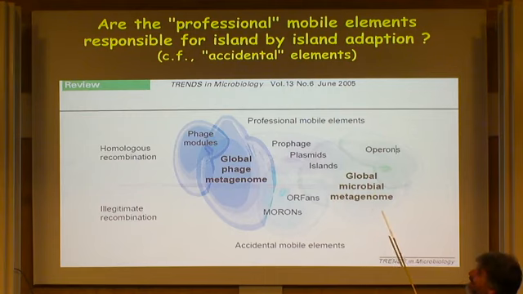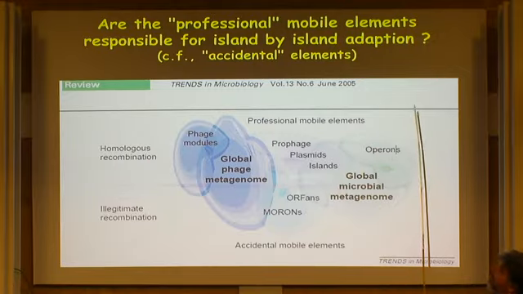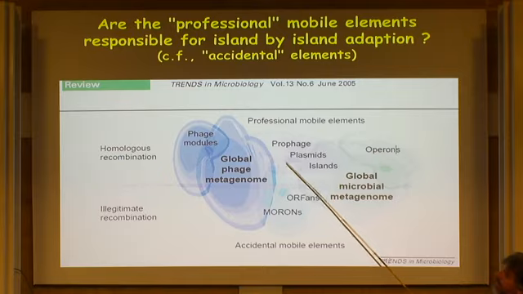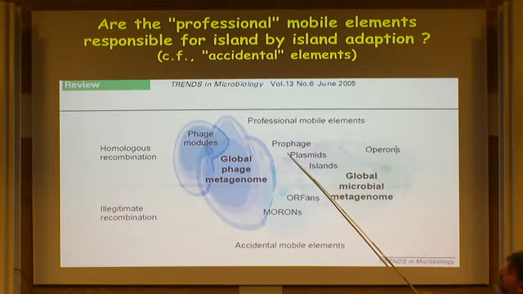So one of the main things that I want to determine from these data sets is whether the genes that we're seeing for local adaptation are being moved through what I call the professional mobile elements. So your prophage, your plasmids, and your islands, right?